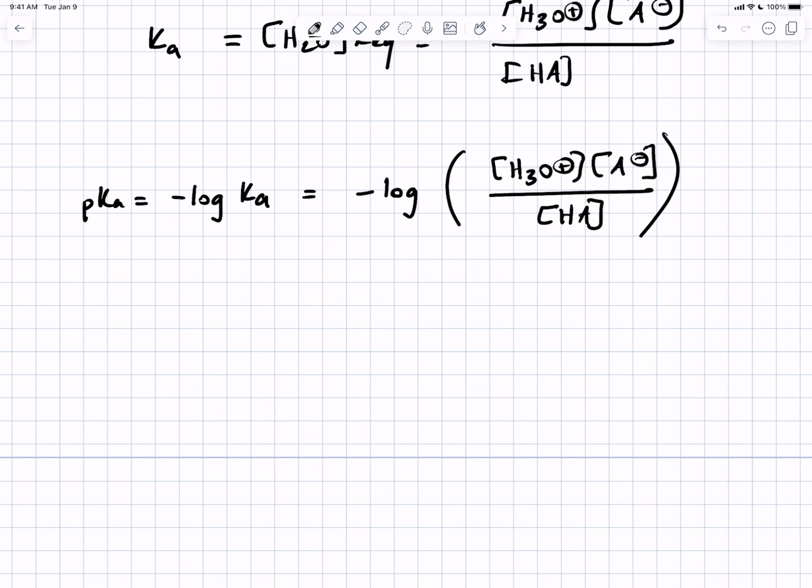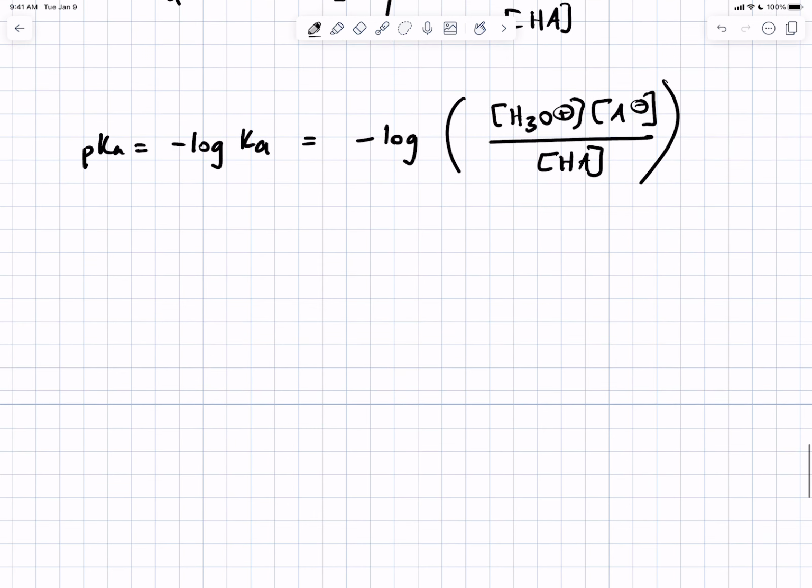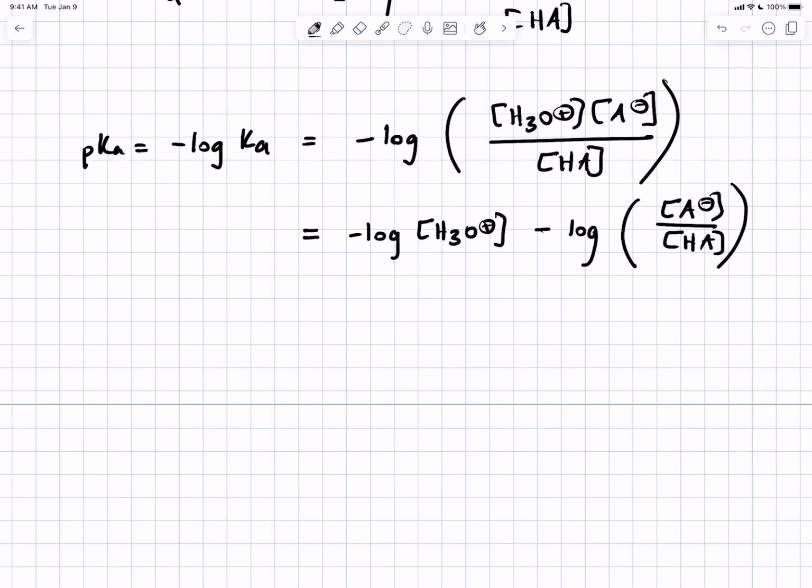Yes? So we can actually rewrite this as minus log of hydronium concentration minus log of the ratio of A minus over HA. Now we remember minus log of hydronium concentration is pH.